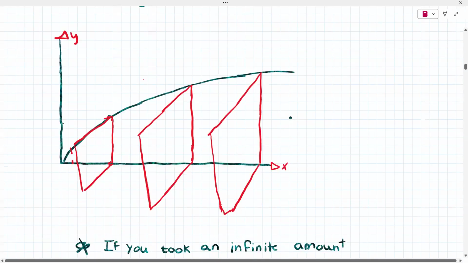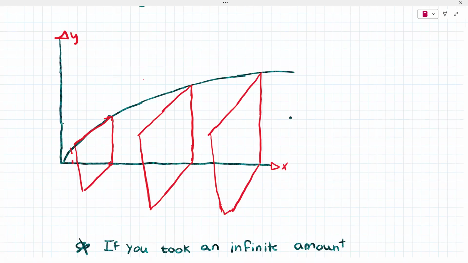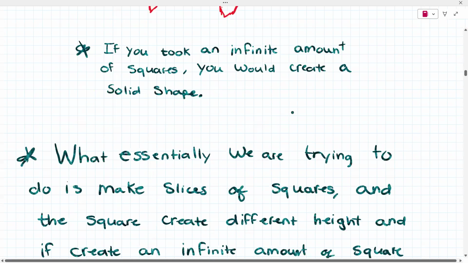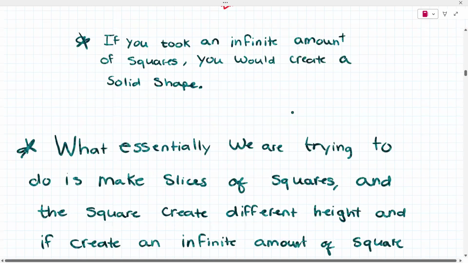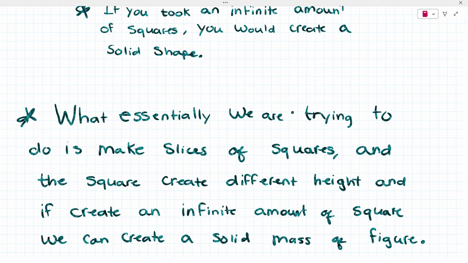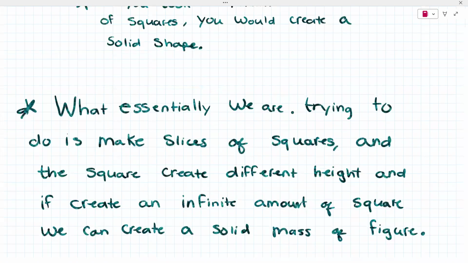So look what we have here. This is what we originally had, right? If we sliced it into squares, you could find the volume. If you took an infinite amount of squares, you would create a solid shape. So what essentially we're trying to do is make slices of squares, and the squares create different heights, and if you create an infinite amount of squares, we can create a solid mass of the figure.